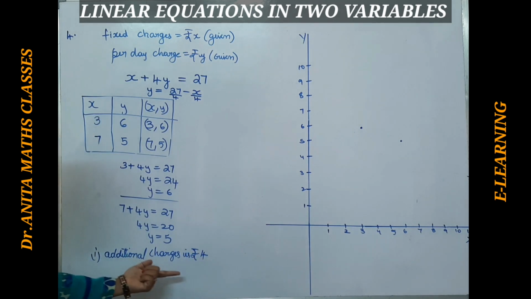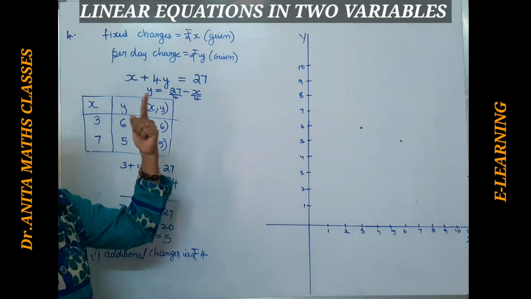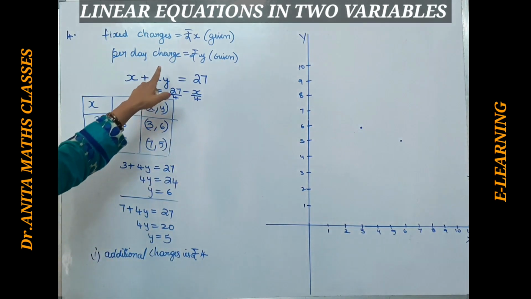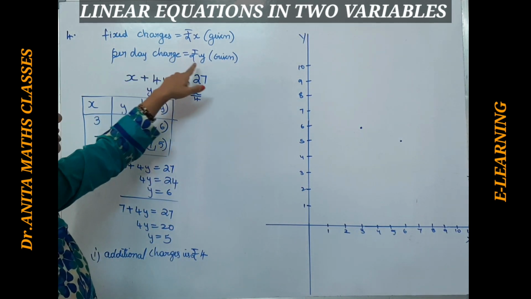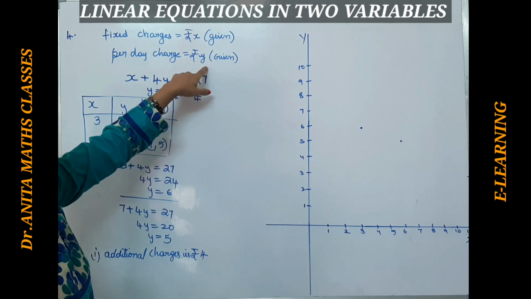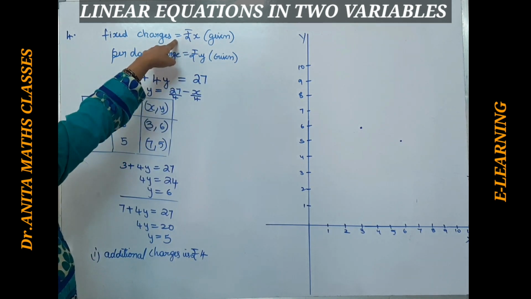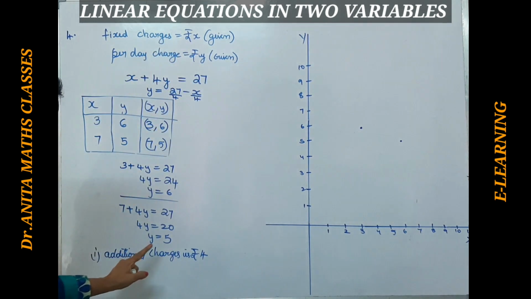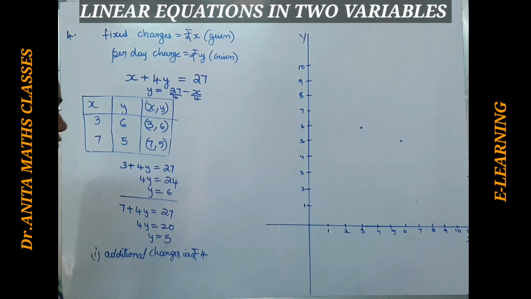For this 4, we need to find our x value. The additional charges per day is y, isn't it? So y is 4, and we need to find x.